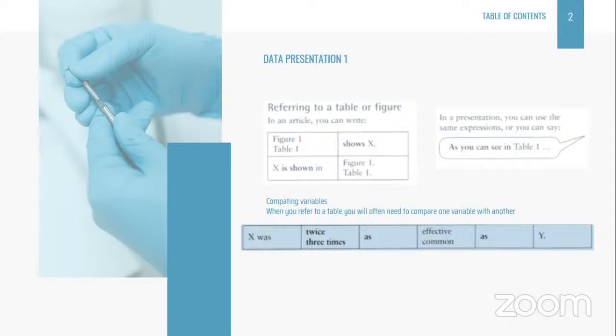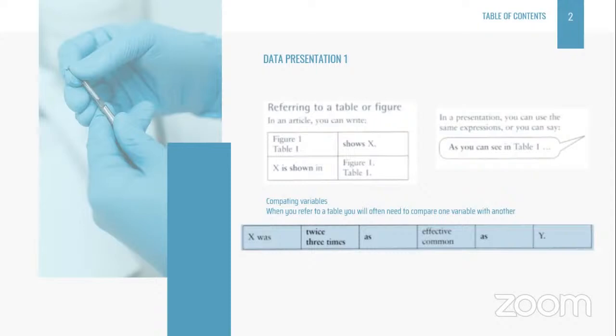Comparing variables. When you refer to a table, you will often need to compare one variable with another.